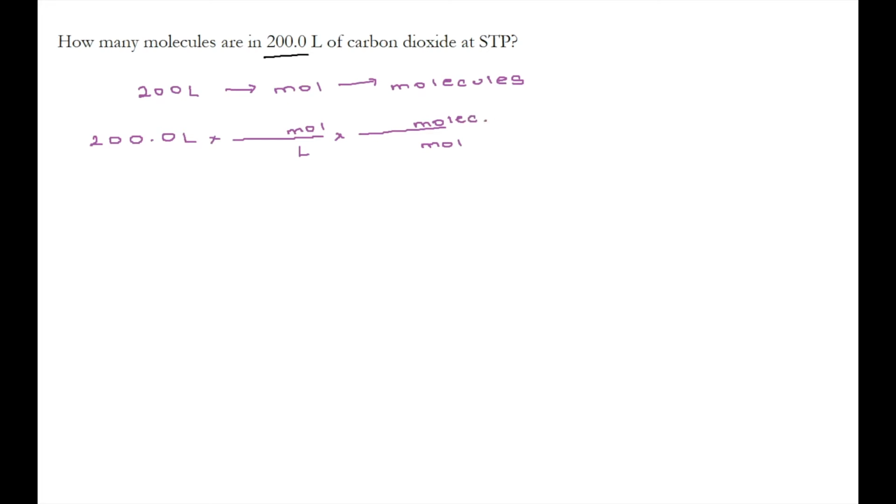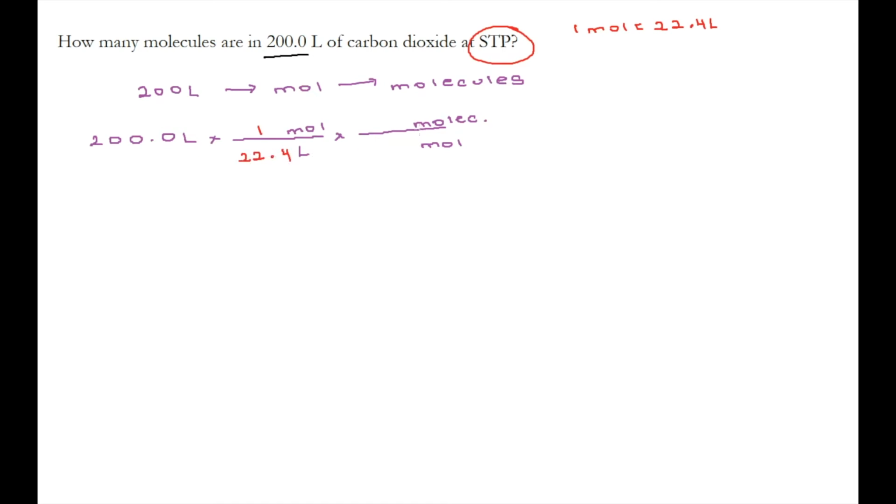All right, let's plug in my values now. Because this stated that I was at STP, standard temperature and pressure, I know that 1 mole of a gas, no matter what gas it is, is going to have a volume of 22.4 liters. That's one of our conversion factors, so I'm going to put 1 here and 22.4 here.